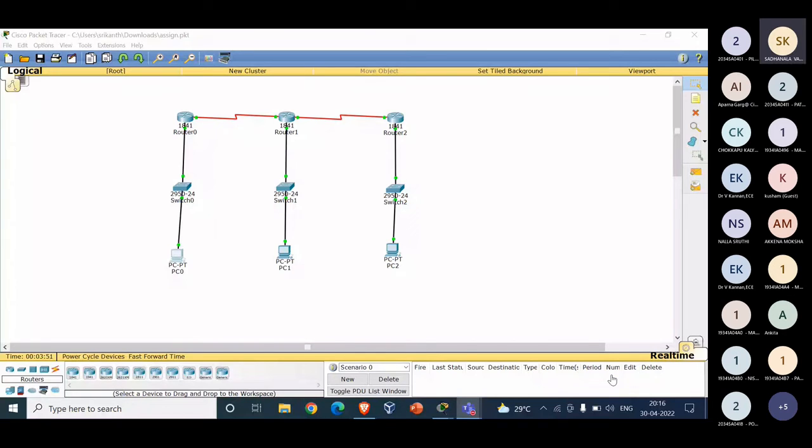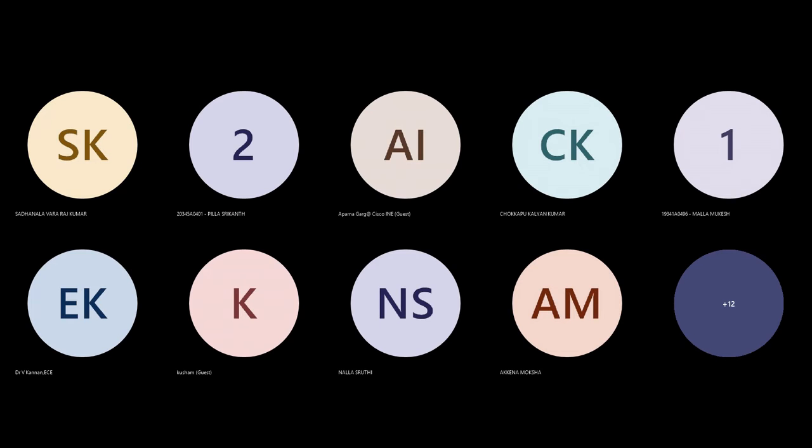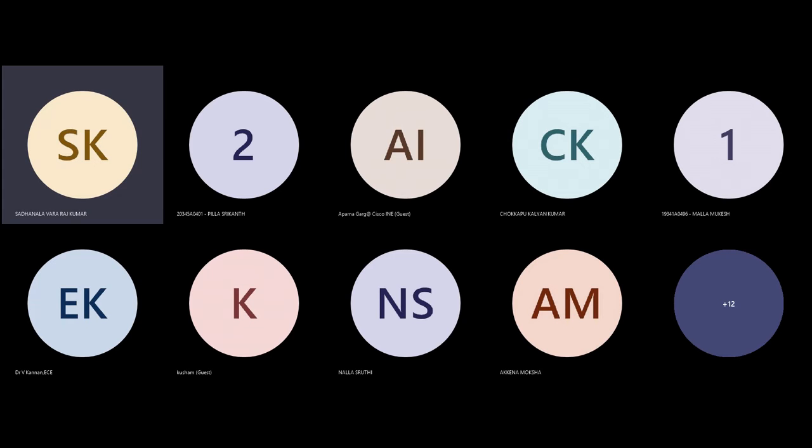No, not yet. Only the architecture is visible. I can't see the configurations here. Guys, am I the one who is facing this problem, or if anybody is seeing his router configuration, can inform me? Same problem. Okay, thank you.